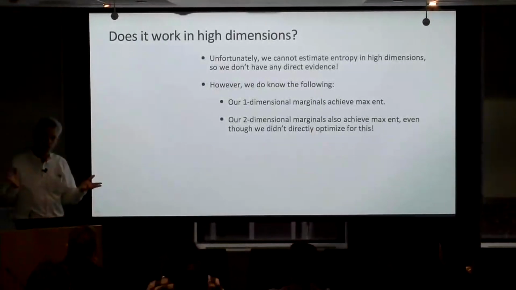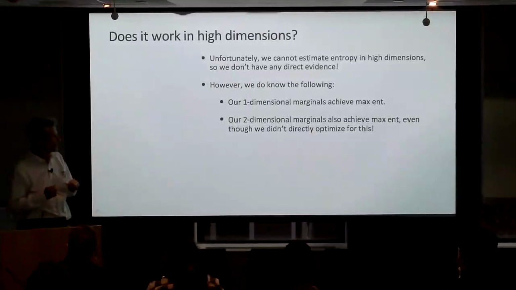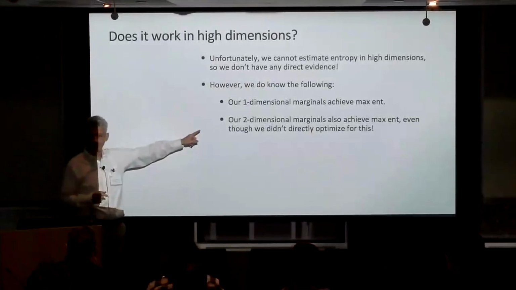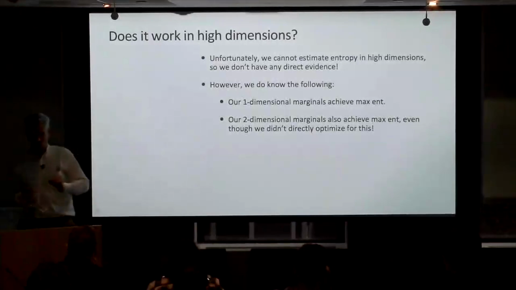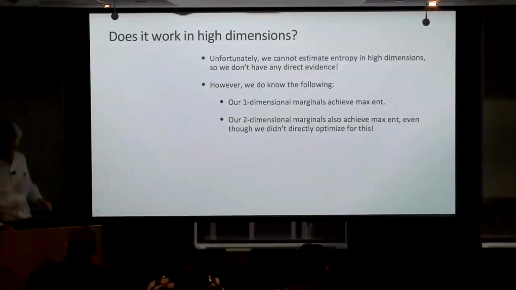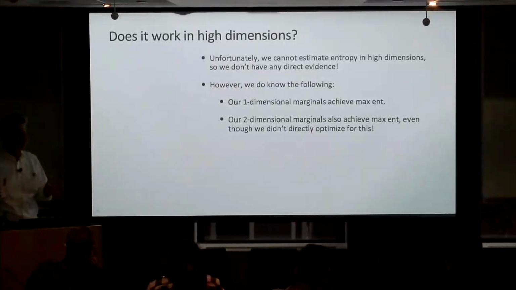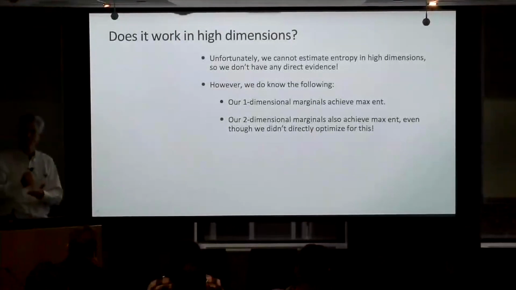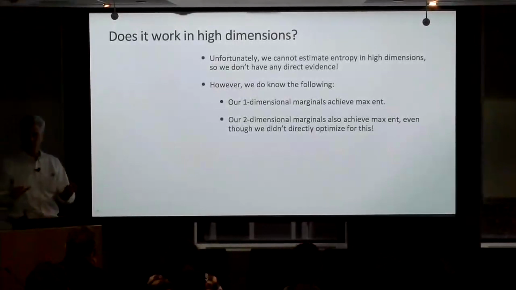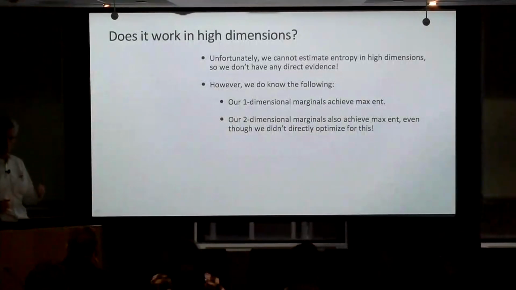Well, that was part of our loss function, so that shouldn't be too surprising. But what's more interesting is when we look at our two-dimensional marginals. If we're in 2,000 dimensions, we can pick any pair of dimensions and project everything down to those two-dimensional marginals. And those distributions are very, very high entropy, even though we were never optimizing those directly, because we were only optimizing one-dimensional marginals and decorrelating.